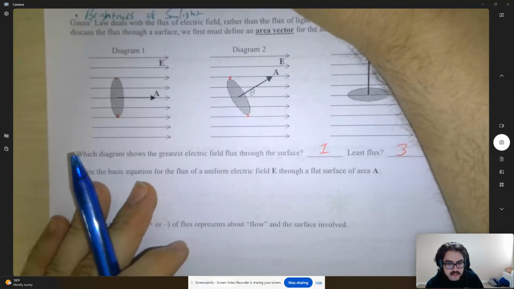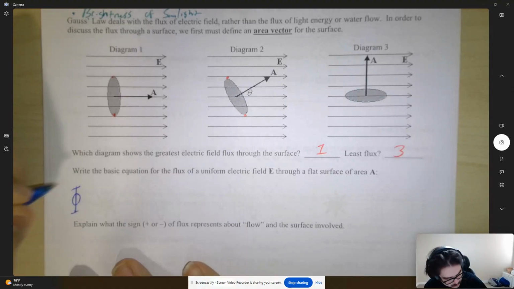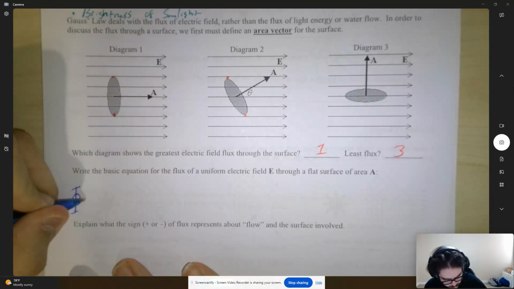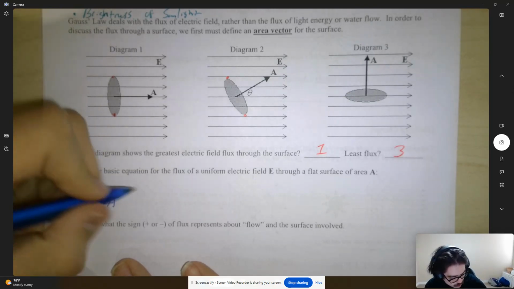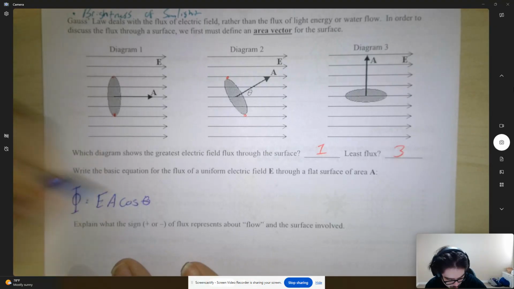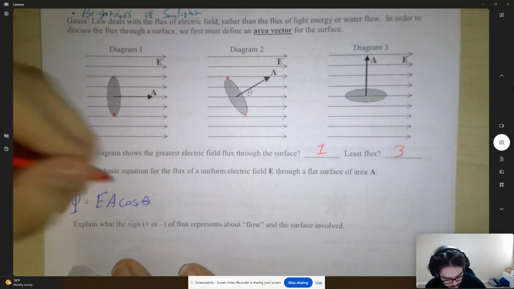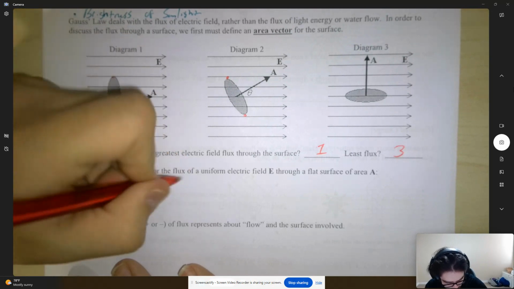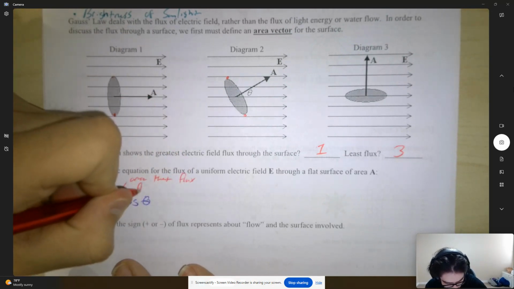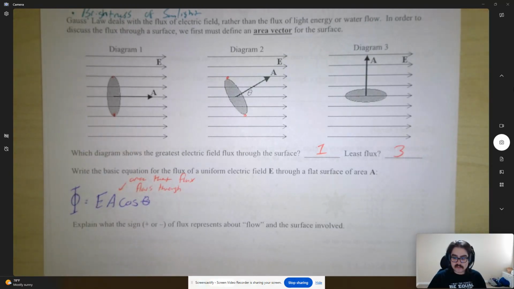Basic equation for electric flux. This is on your formula sheet. It is phi equals E A cosine theta. E is obviously the E field. A is the area vector, or the area that flux flows through, most typically a surface area.